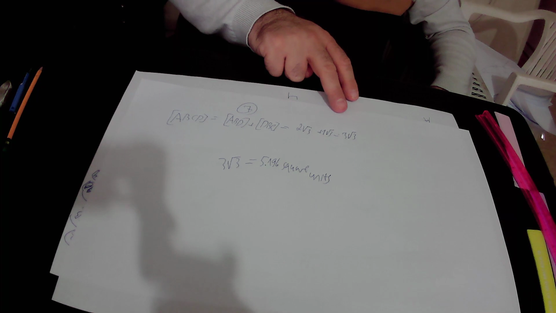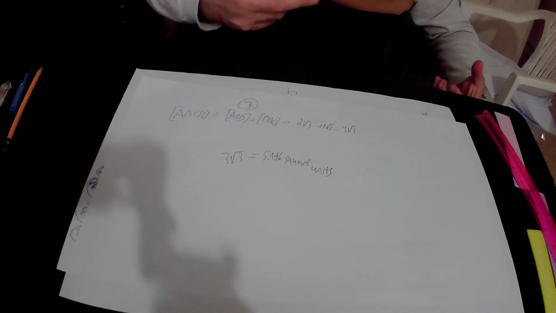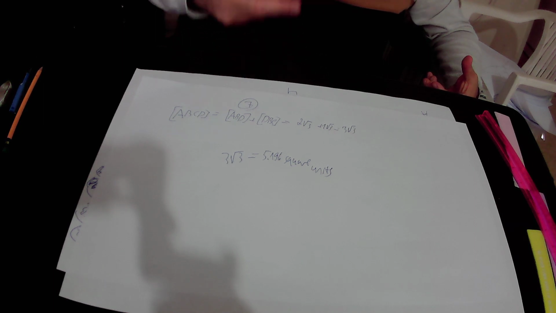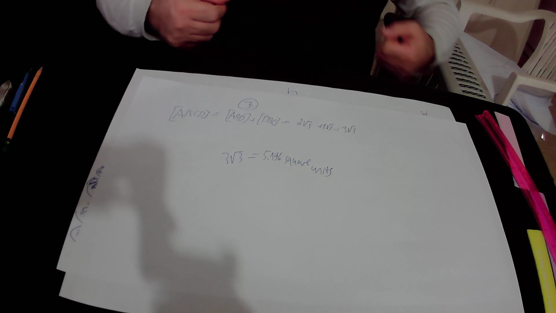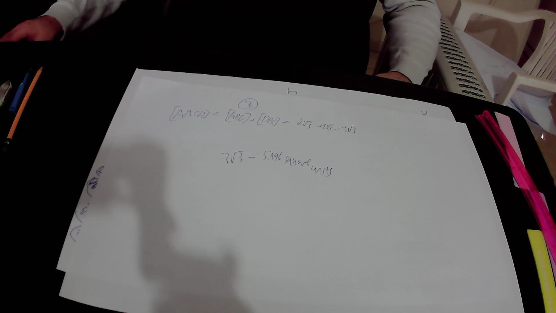So we found in both methods that the area of quadrilateral ABCD equals 3 times square root of 3 units, or in numbers, 5.196 square units. Okay, thank you very much.